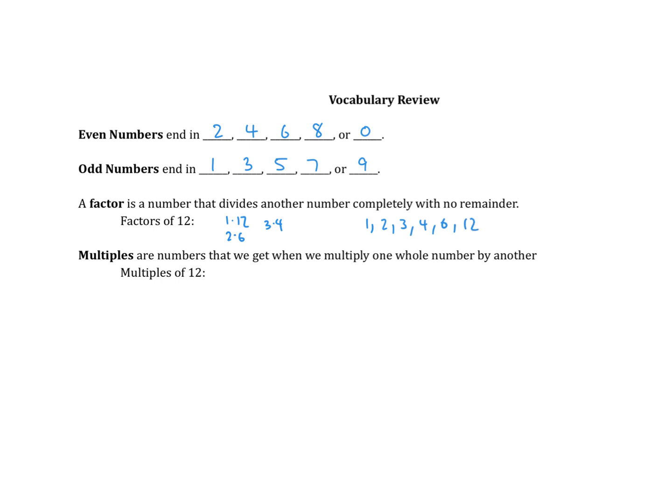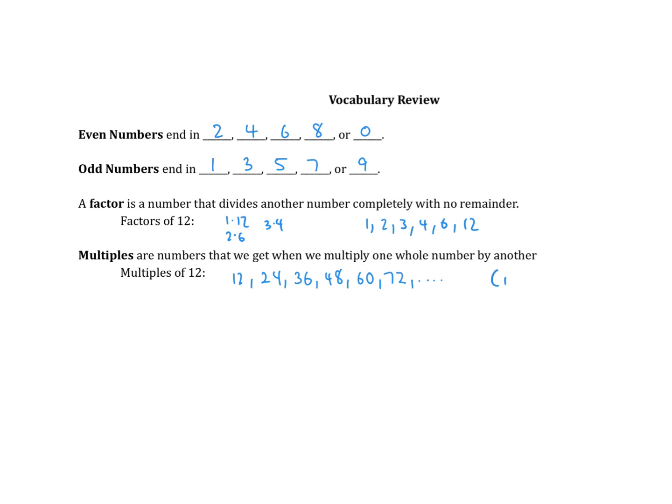Multiples are numbers that we get when we multiply one whole number by another. The multiples of 12, if I think about multiplying 12 by other whole numbers: 12 times 1 is 12, 12 times 2 is 24, 12 times 3 is 36, 12 times 4 is 48, and so on. And this list actually goes on forever.